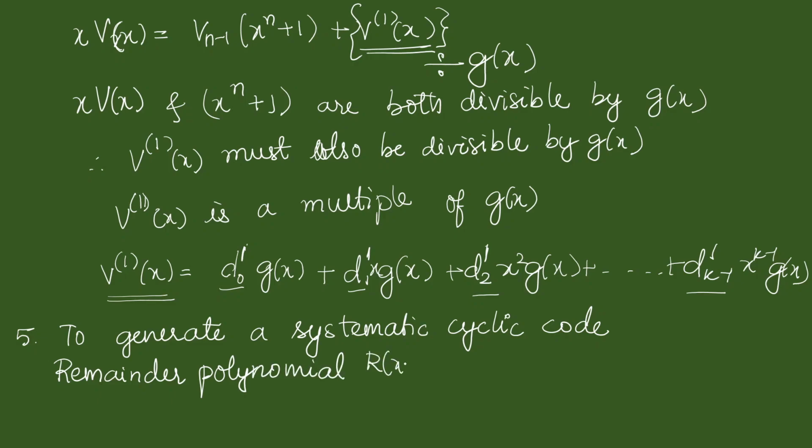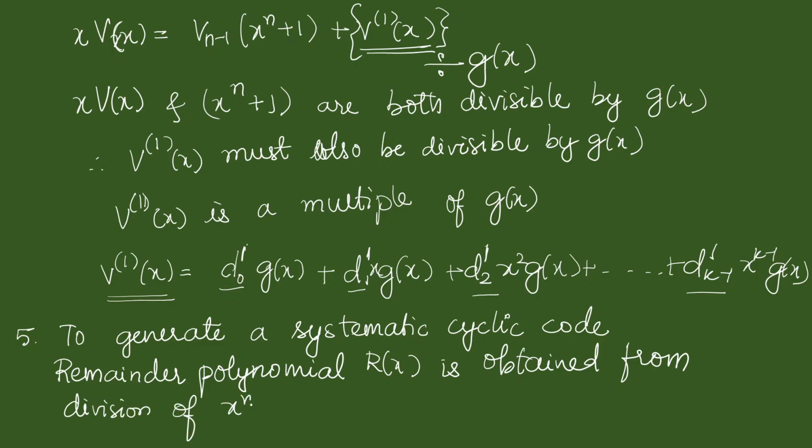This remainder polynomial, which we address as r of x, is obtained from the division of x raised to n minus k multiplied with d of x by g of x.